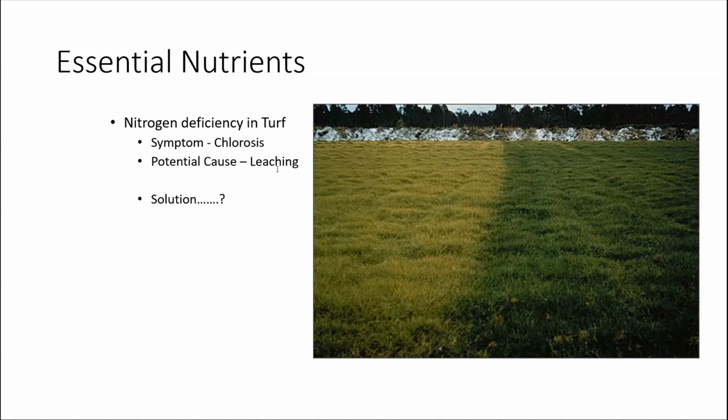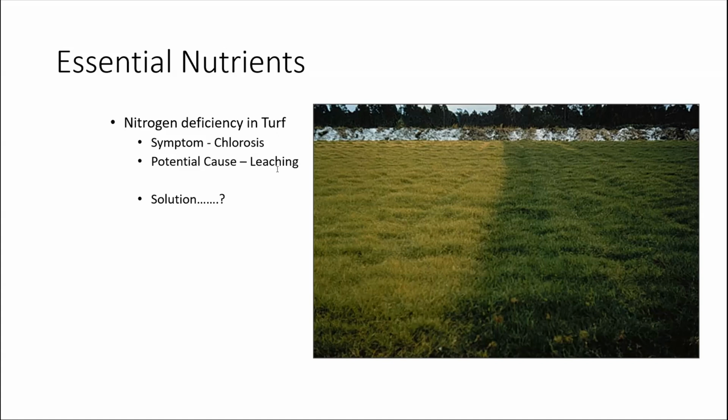This happens a lot in sandier soils. And in the Sacramento region, there's areas with very sandy soil, and this can be a problem. There's also areas in the greater Sacramento area that have heavy clay soils or loamy soils, etc. So leaching is typically problematic in sandier soils.